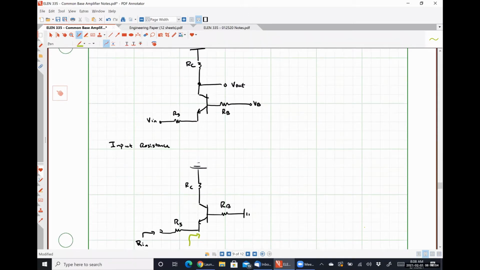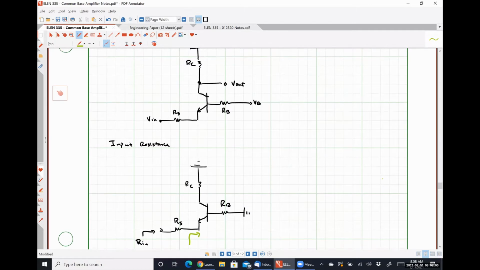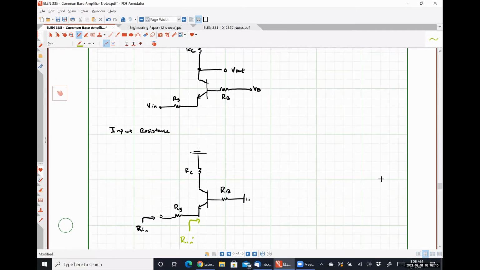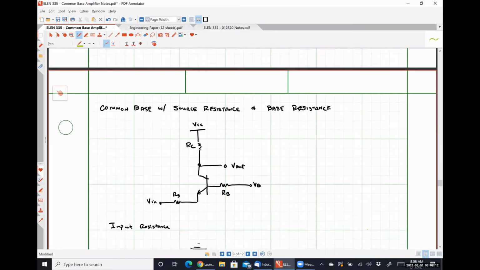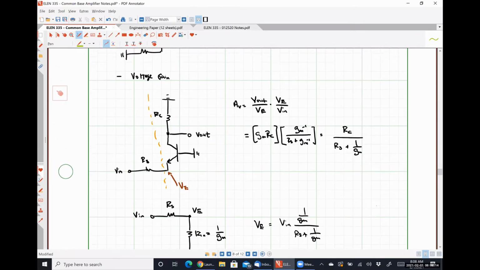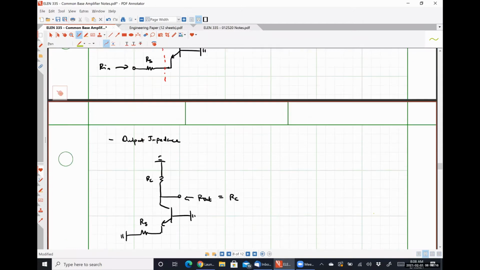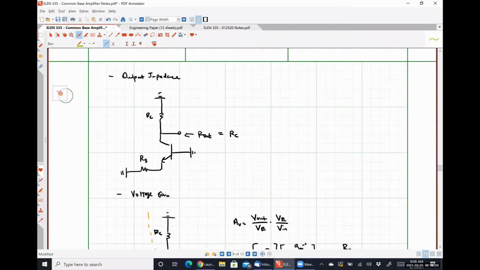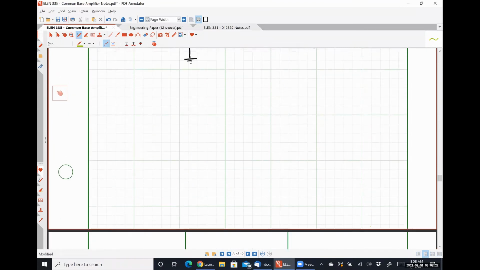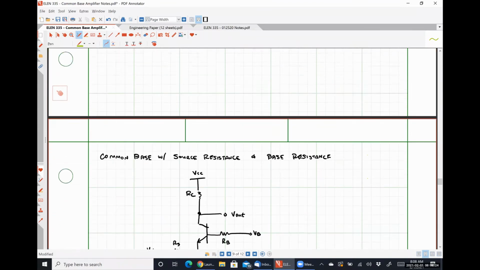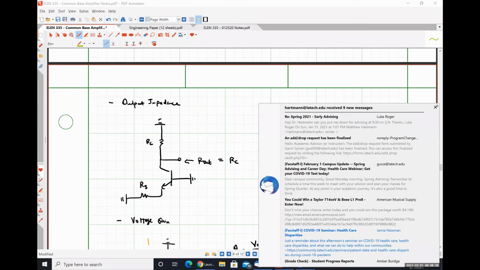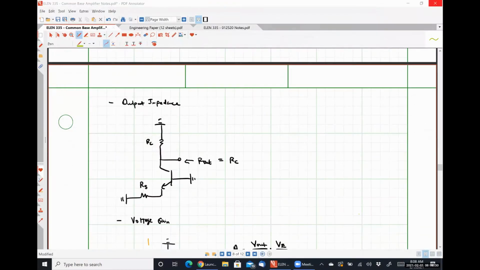Let's look through my common base amplifiers to see if this looks like anything that I've seen. This is the one that I'm working on right now. I need to turn that off or we're just going to get in the way.